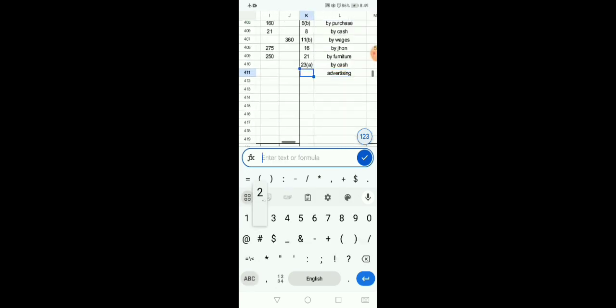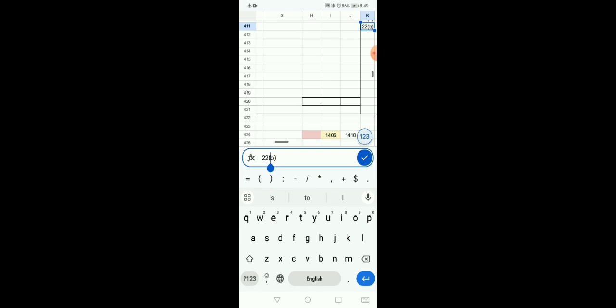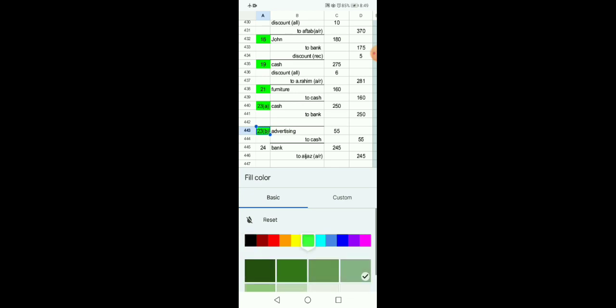So you will be writing 23B in the date column. Dates are very important, that is why I have taken time to edit it. 23B was having only one element that has been posted, so mark it as done.